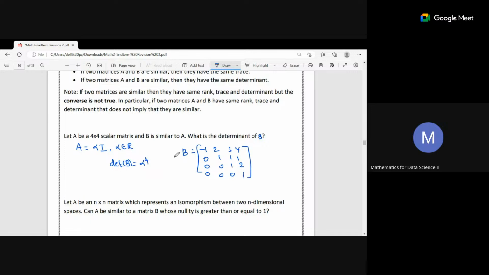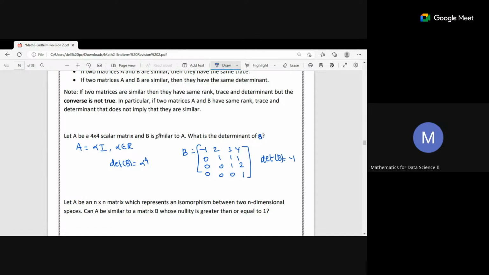The question is, can A and B be similar? No, ma'am, because different signs are there. It has to be the same. First of all, a scalar matrix cannot be similar to any other matrix. Another thing is that here the determinant of B is -1. Either way you can say that A is not similar to any other matrix.